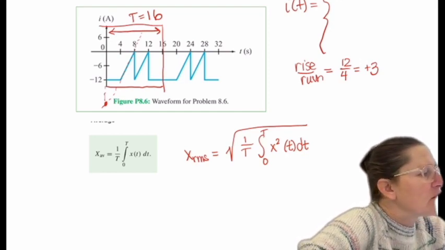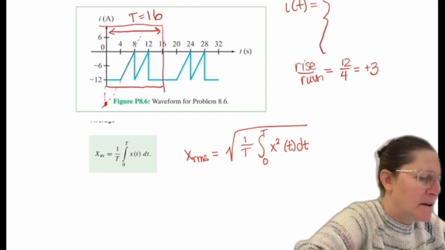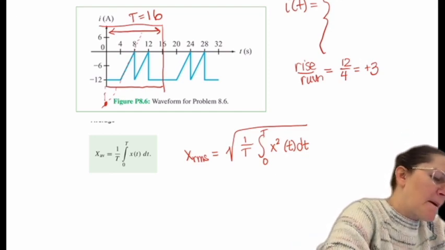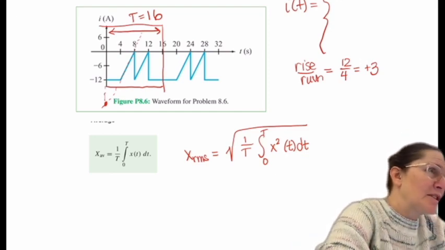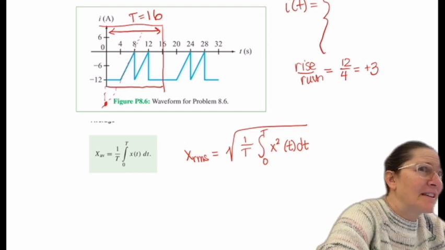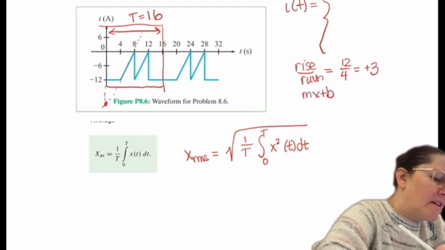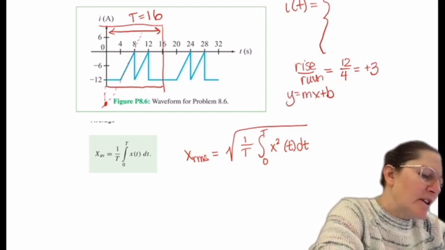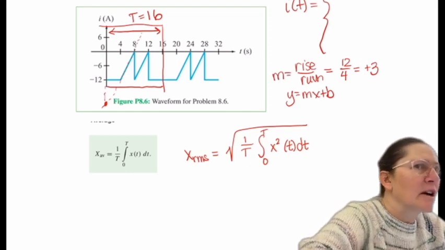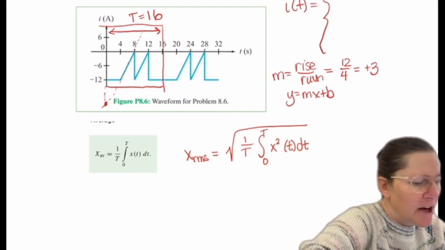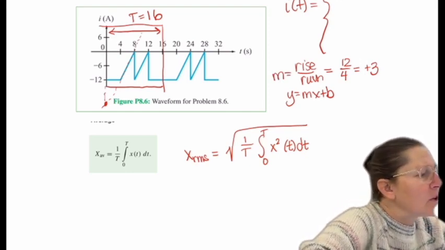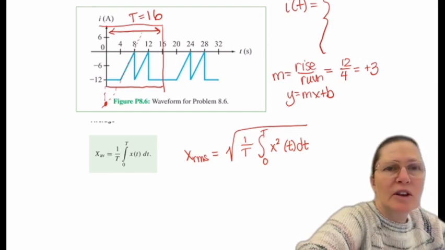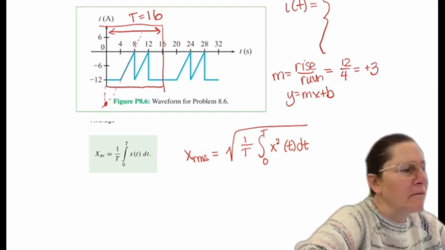So what was the equation for a line? y equals mx plus b. So this is our m, the rise over the run, and then we need to find b. We need to use the values that we have.